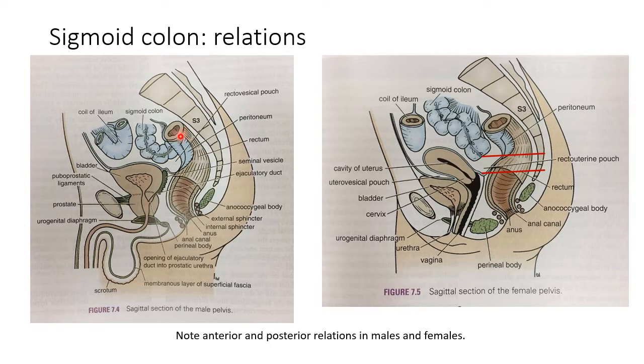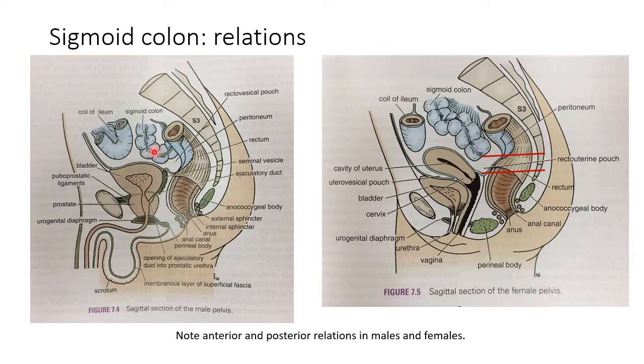Usually it's the rectum and the sacrum in the male, and the rectum and the sacrum in the female. The difference comes in part of the anterior relations. It's not the whole anterior relations, but part of them.